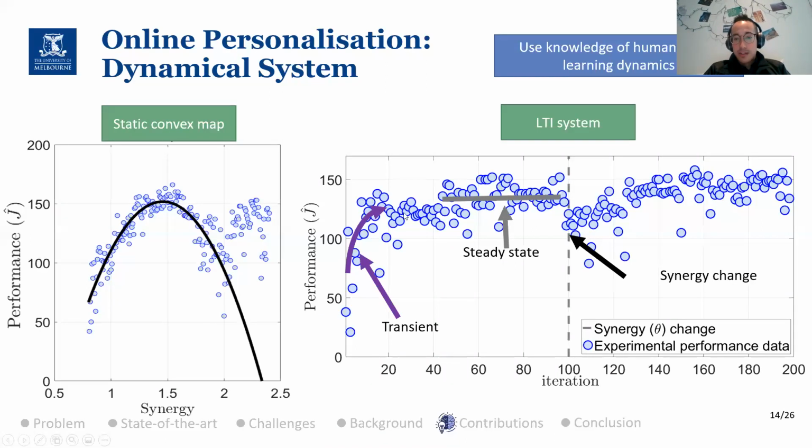And you have that sort of LTI system dynamics, on average, you have those learning dynamics, which, very surprisingly, are fairly regular. So we can take advantage of this knowledge and choose an algorithm appropriately.